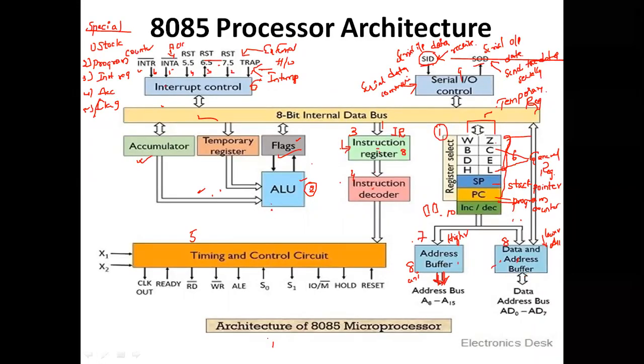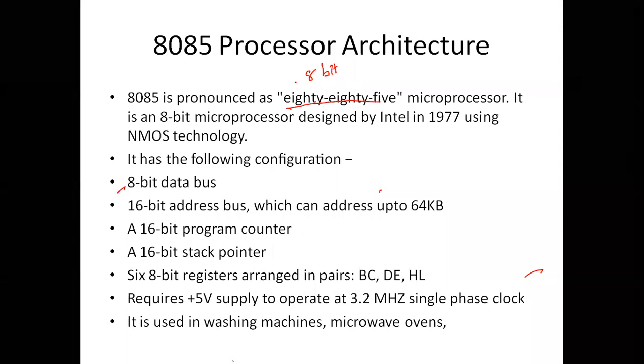It has an 8-bit data bus and a 16-bit address bus, which can address up to 64 kilobytes of memory, a 16-bit program counter, a 16-bit stack pointer, and six 8-bit registers arranged in pairs: BC, DE, and HL. These are the register pairs in which we can hold data. It requires a 5 volt power supply and operates at 3.2 megahertz frequency with a single phase clock.